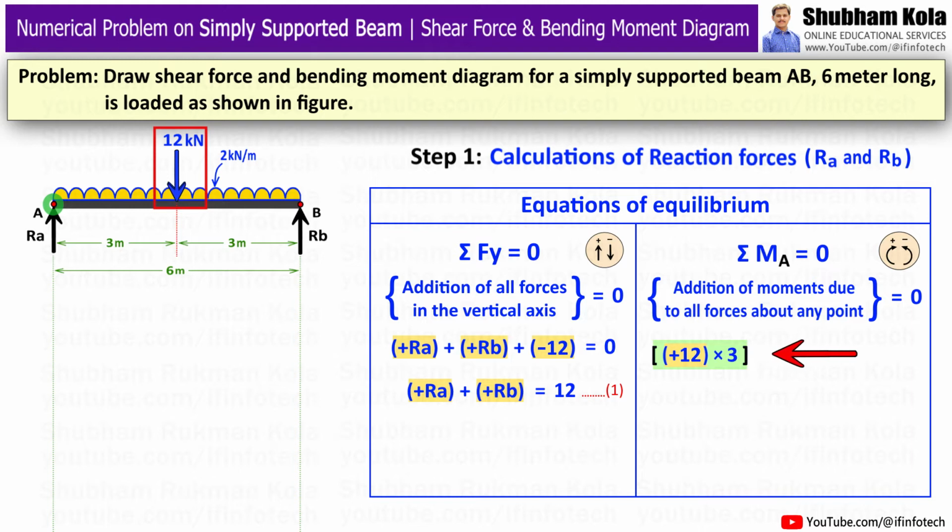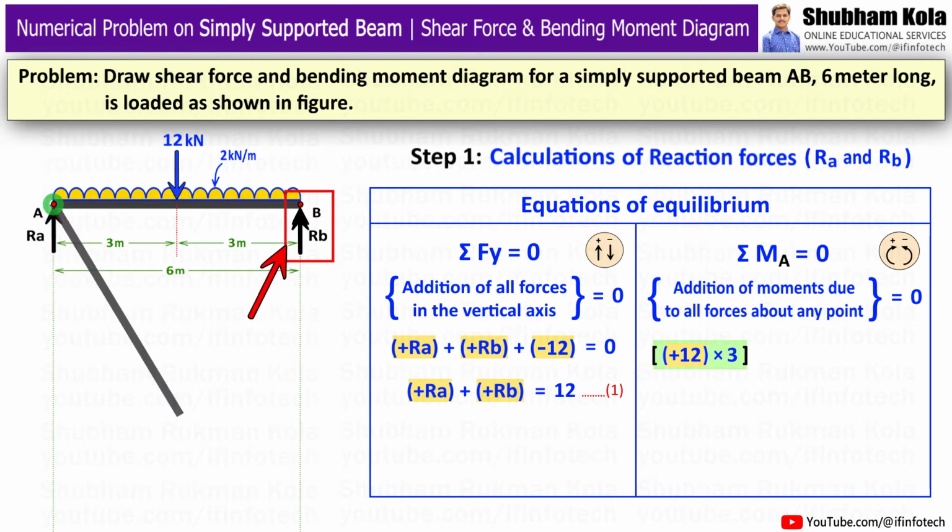And the moment is force into distance from fixed point. So here plus 12 kN is the converted point load into 3 meter is the distance from fixed point. Now here reaction force RB will be pushing this beam upward. So it rotates the beam anticlockwise from the fixed point.